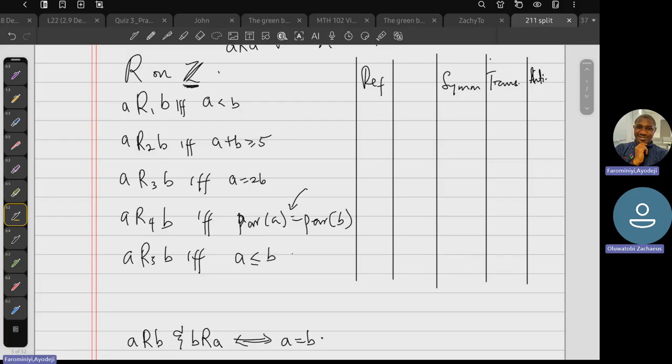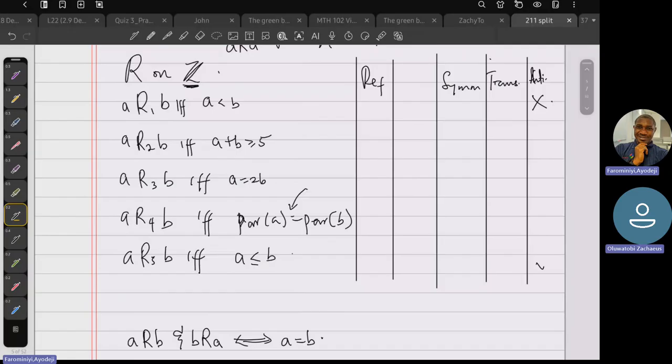Okay, good. So it is not antisymmetric. So A is related to B and B is related to A implies that, okay. So assuming it is less than or equal to, then we can have that. Good.